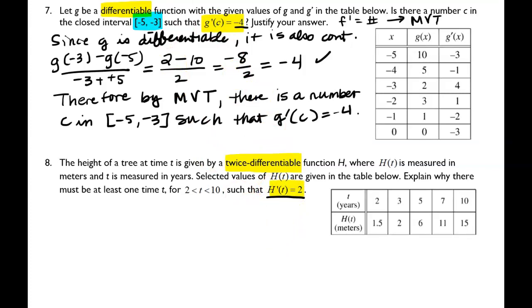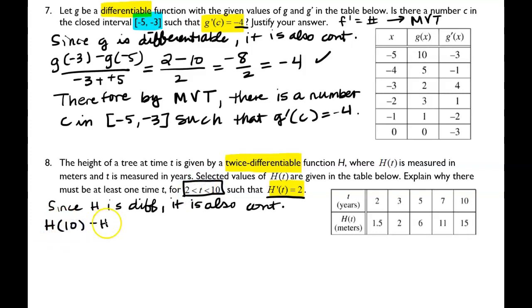So once again, I'm seeing that derivative equal to a number, so I know I need to use MVT. So first of all, I know my function is differentiable. It doesn't tell me anything about it being continuous. So I need to state, since h is differentiable, it is also continuous. So the next thing I want to do is try to find the average rate of change on the interval that it gives me. So h of 10 minus h of 2 over 10 minus 2.